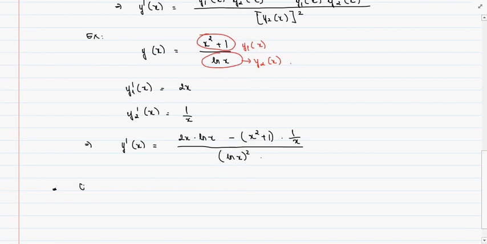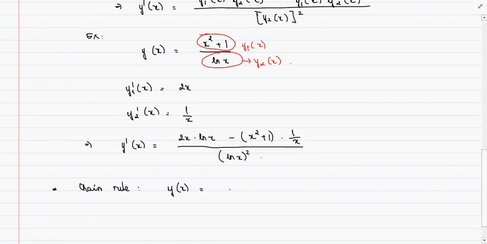And the last one is the chain rule. Now this is very important. The chain rule is used where you want to differentiate a function y of x that is a function of a function.